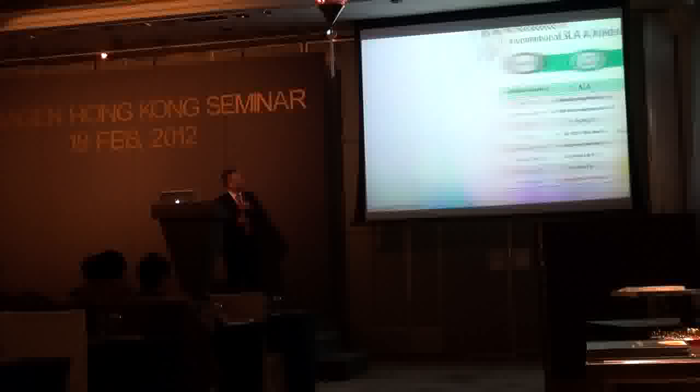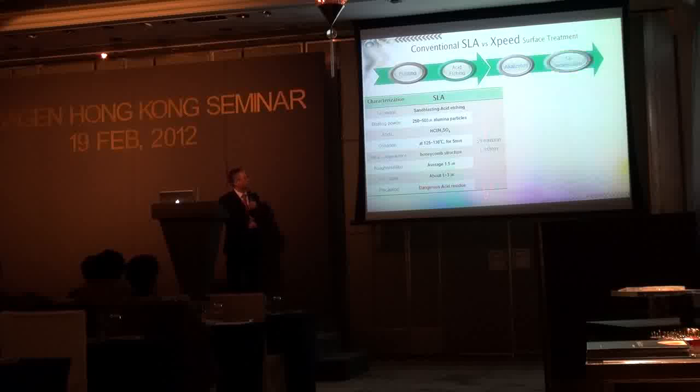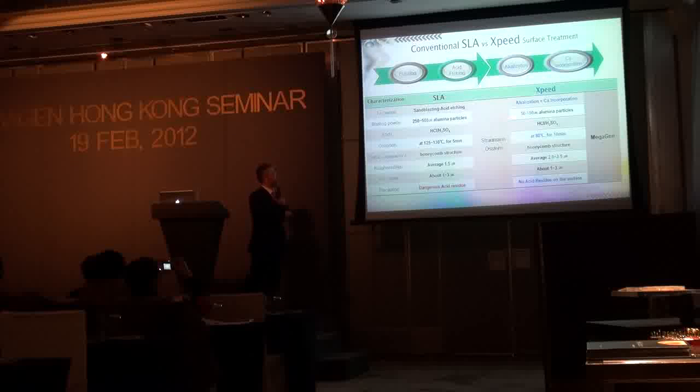But now we have finished developing new techniques. After this, we do 2 more steps: alkalinization and the calcium ion incorporation procedure. We modified the conditions.